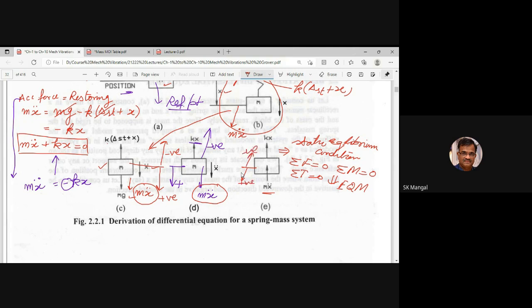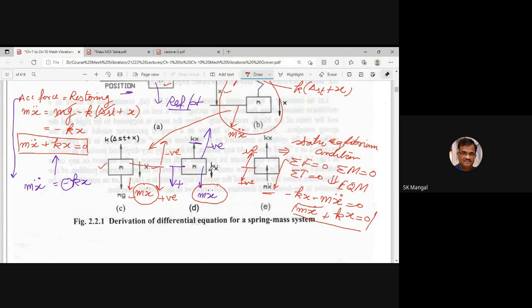So I can write as per this equation, it becomes simply minus kx, minus m x double dot is equal to 0, or I can write m x double dot plus kx is equal to 0. Again, it is the same equation which you are getting here.